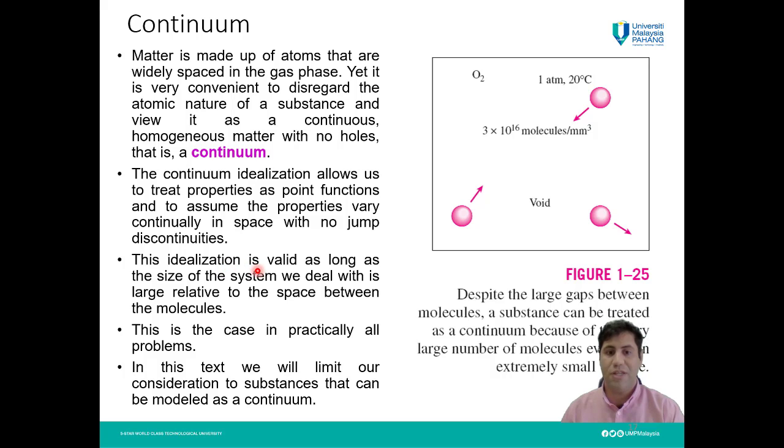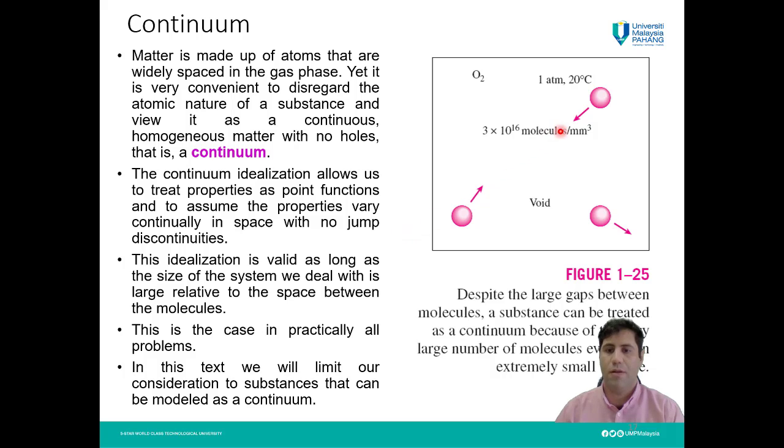And this idealization is valid as long as the size of the system which we deal with is large relative to the space between the molecules. This is important. So we can use this idealization when the volume of the system is much higher than the space between the particles or components of the system.